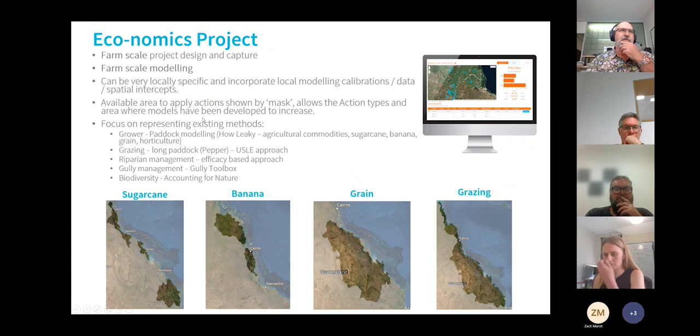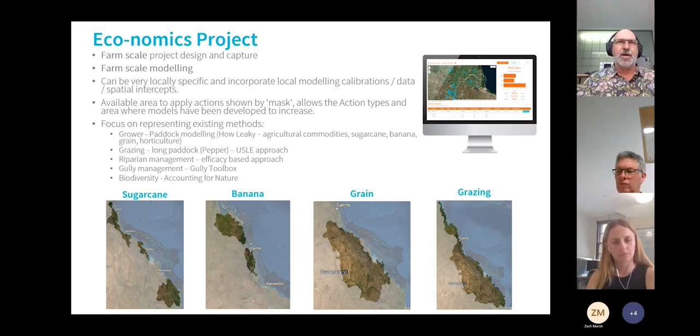We can use the best available data. And our focus here is on using existing methods where they exist, not trying to reinvent new ones. So that's coming up, and we'll want to re-engage again at that level with NRM investors to make sure that we capture things appropriately at that project level.